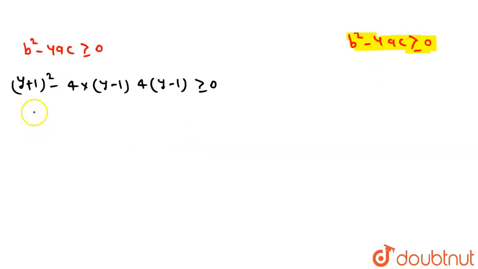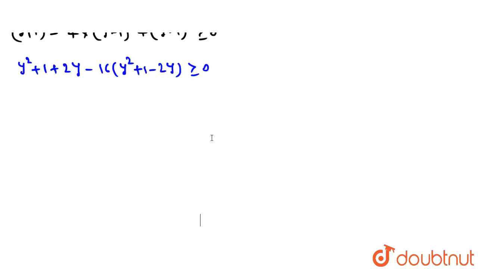Now in the next step we open the square, so this will become y square plus 1 plus 2y minus 4 into 4, that is 16, y minus 1 whole square. If we open this, we can write y square plus 1 minus 2y should be greater than or equal to 0.